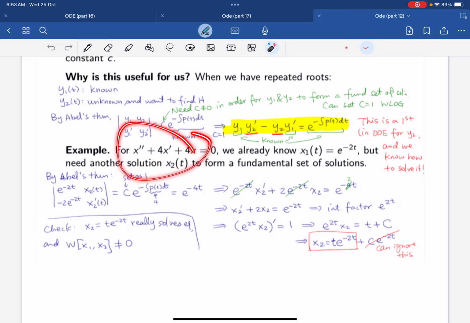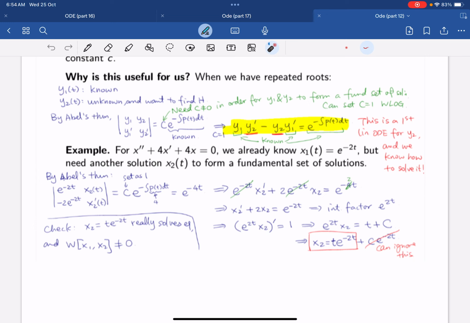So for example, we have this. We know that e to the power minus 2t will be a solution. Then we just use this equation over here, and this allows us to cancel e to the minus 2t, and with that we arrive at this new ODE.